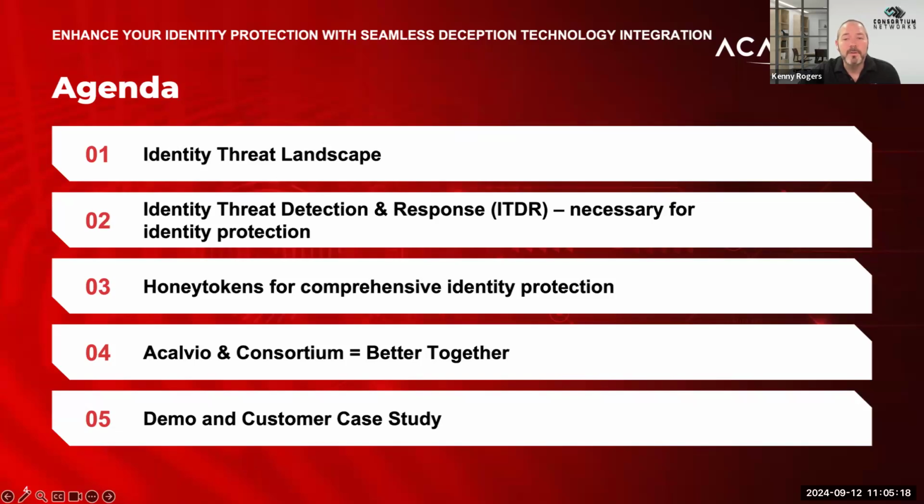We will then review the Better Together story of Acalvio and Consortium Networks, helping our customers fight against identity attacks. After that, we'll view a short demo and review a recent customer case study from a large healthcare provider. Again, at the end, we'll make sure to leave time for Q&A, so please use the chat to ask questions as we go.